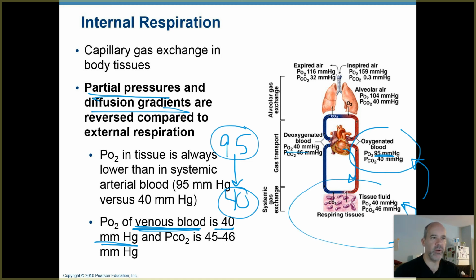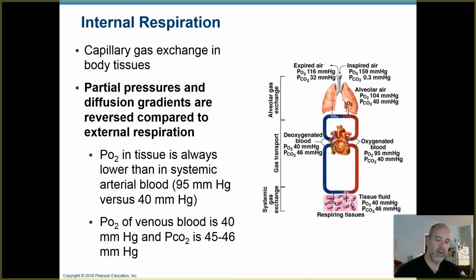Same thing drives CO2 movement. If you look, let me erase all that. The partial pressure of CO2 in oxygenated blood is 40. The partial pressure of CO2 in your tissue fluids in an average tissue is going to be about 46.